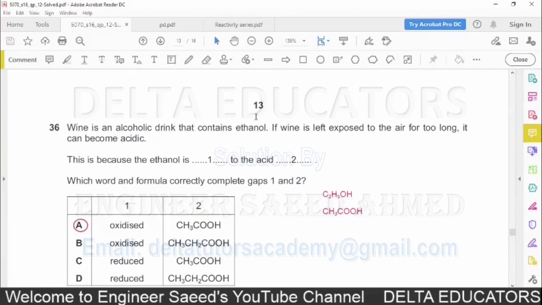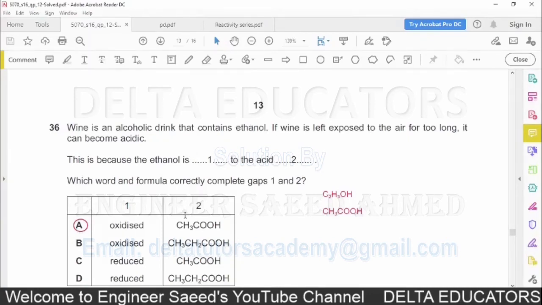Now ethanol will be converted to ethanoic acid, which means the number of carbon atoms in ethanol should be the same as the number of carbon atoms in ethanoic acid. In ethanol we have 2 carbon atoms, so the acid that will be formed should also have 2 carbon atoms, and with 2 carbon atoms the acid will be named ethanoic acid.